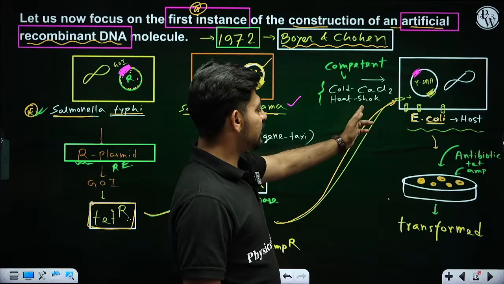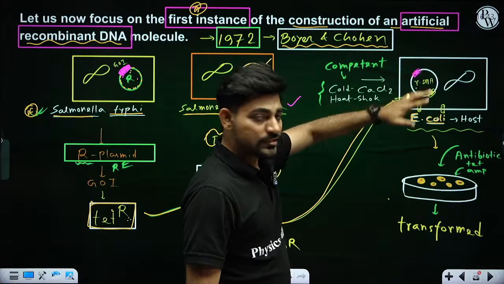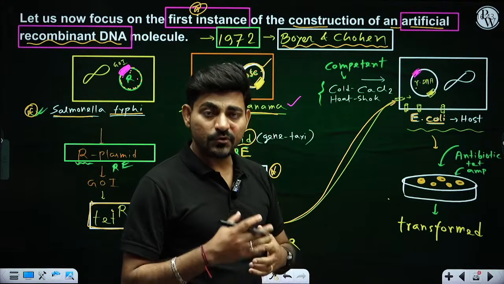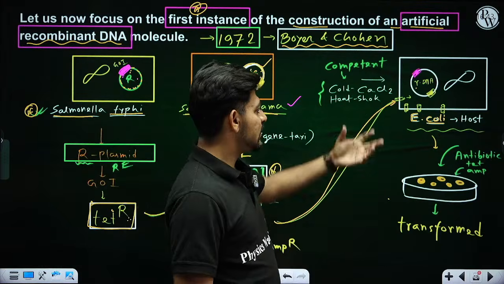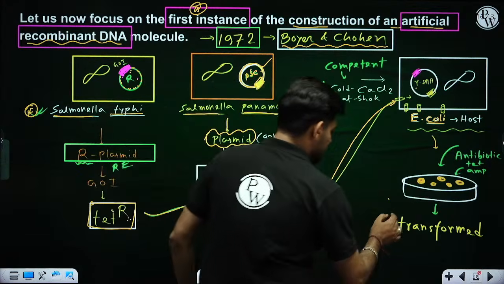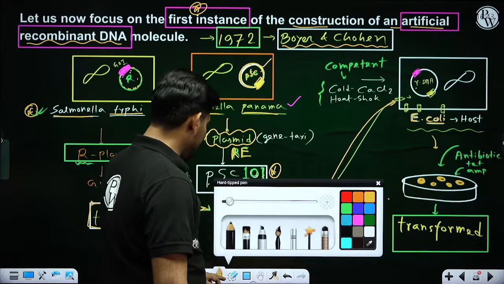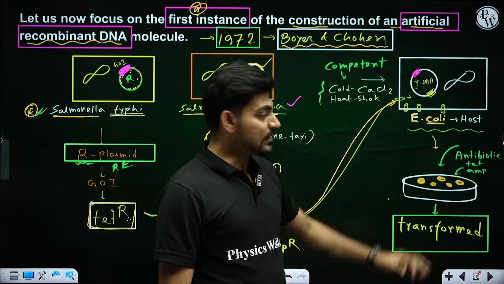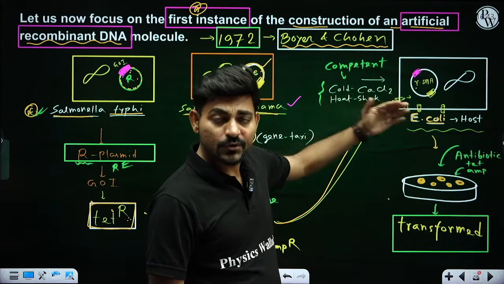Now whenever they inserted that recombinant DNA inside the E. coli, it was quite easy for them to produce antibiotic resistant or tetracycline resistant E. coli and its progeny, and thus it is said that the E. coli bacteria is transformed when you successfully incorporate the recombinant DNA into the host organism, and the host organism can express the gene and produce the product.